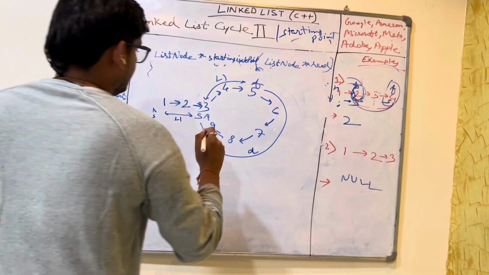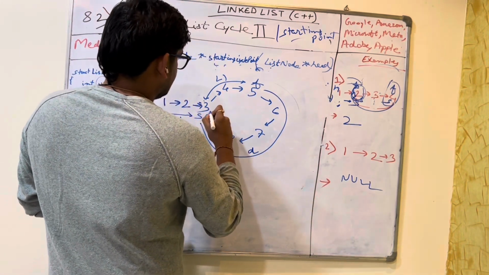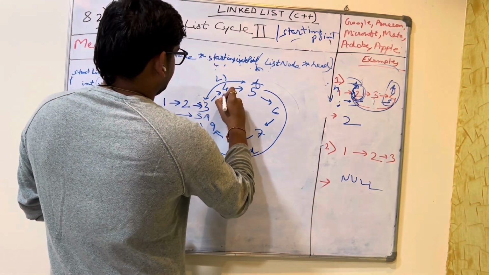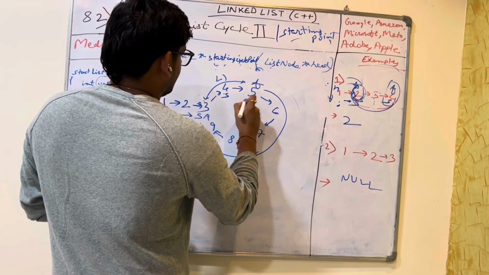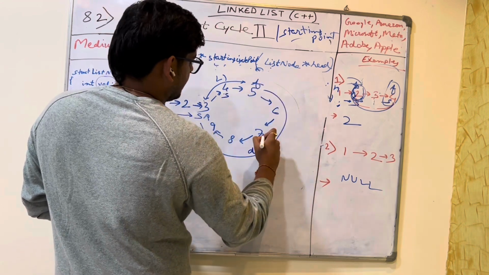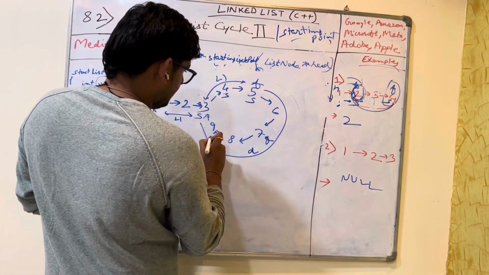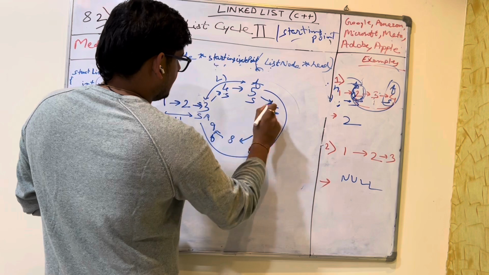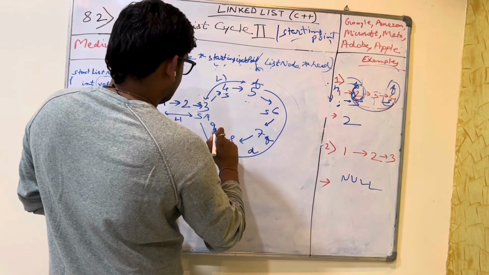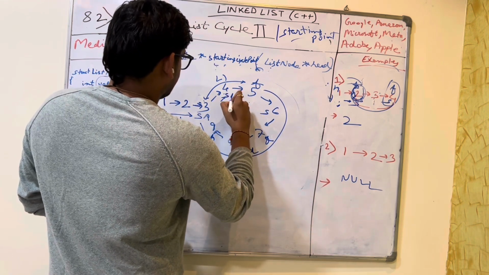So now when S will cover this distance, S will move here, then F will be moving here, right? Then S will be moving here, then F will be moving here, then S here, then F here, right?